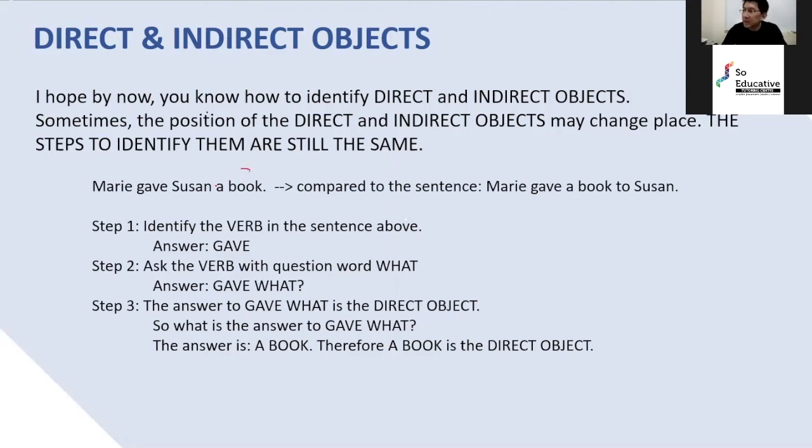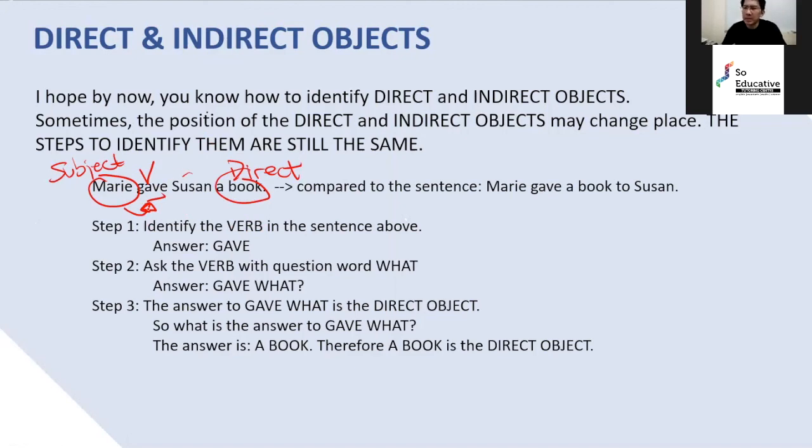A book is a direct object. Now, earlier we said gave is the verb.